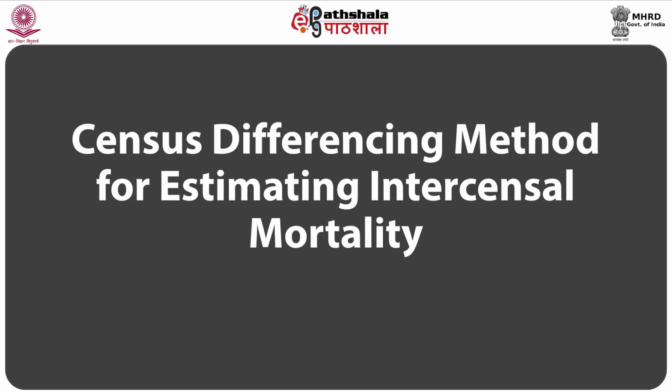One such method is the census differencing method for estimating intercensal mortality, whereby the method is used to estimate the crude death rate at age 5 and above for the intercensal periods comprising 2 census periods. The method is discussed further in the module along with examples.